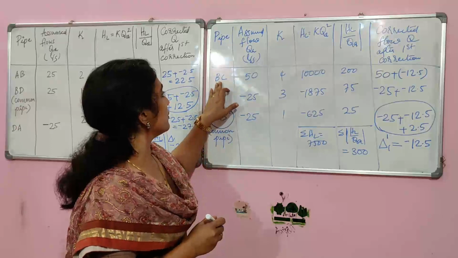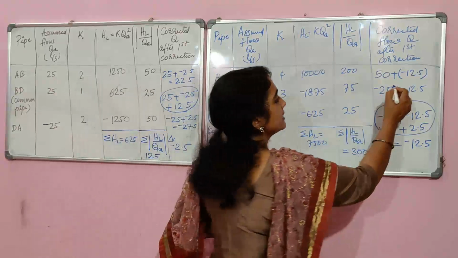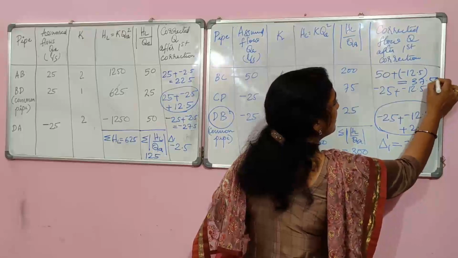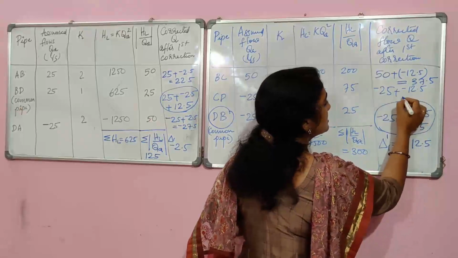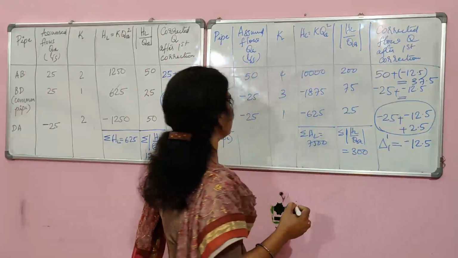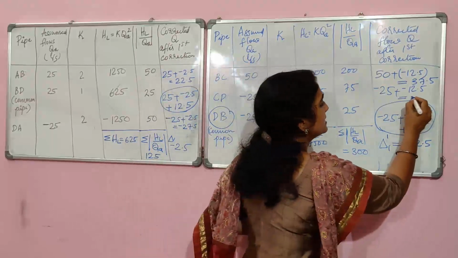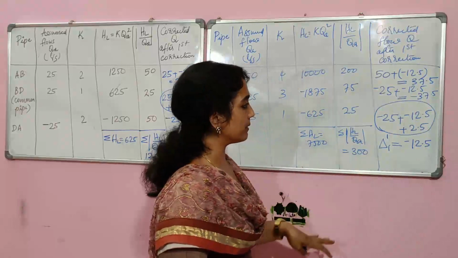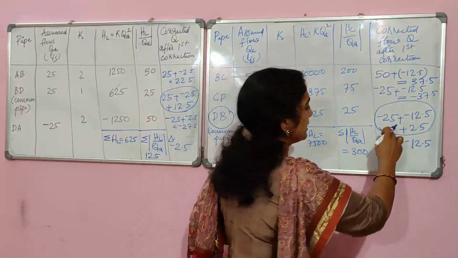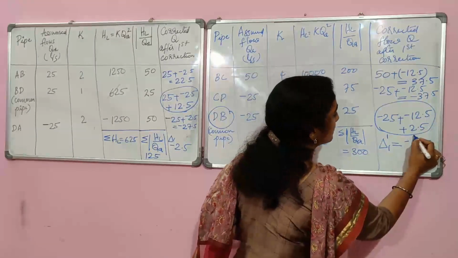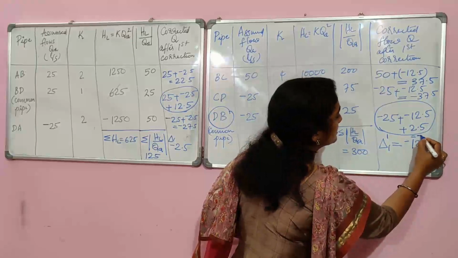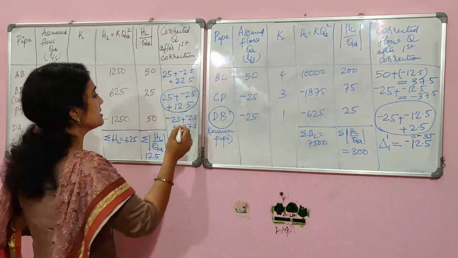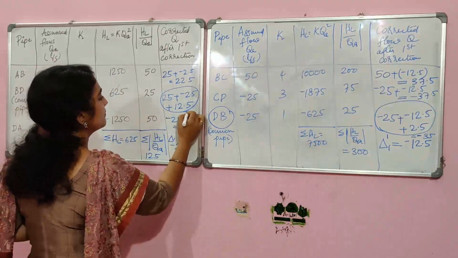Here the corrected flow for BC is 37.5, and for the second pipeline CD it is minus 37.5, and for the common pipe here it is minus 35, and here it is plus 35.